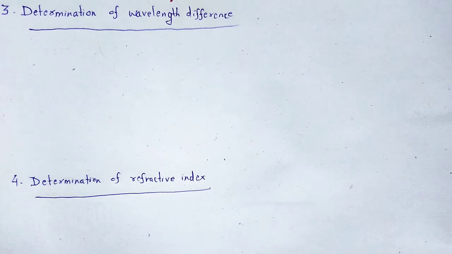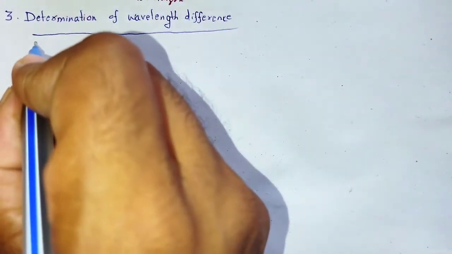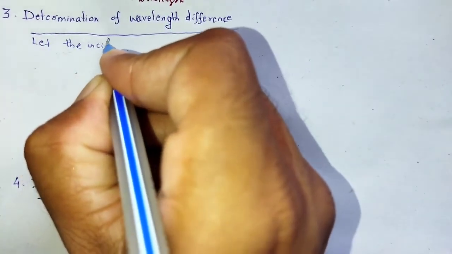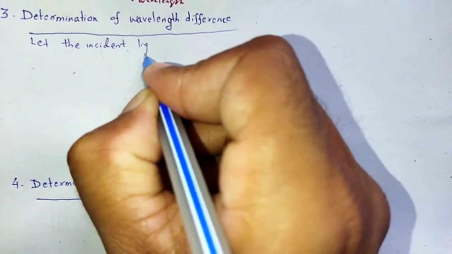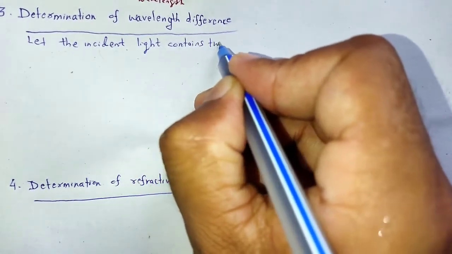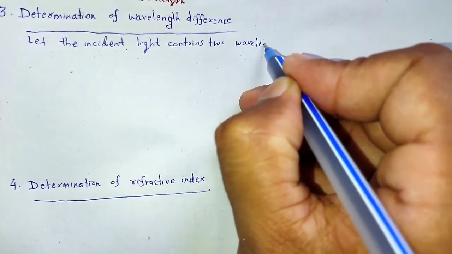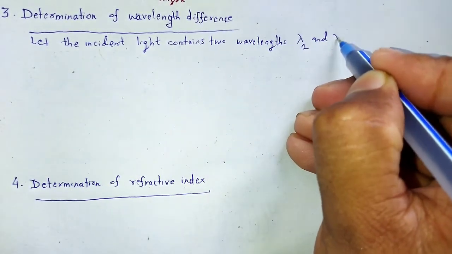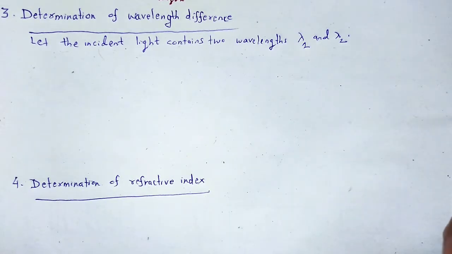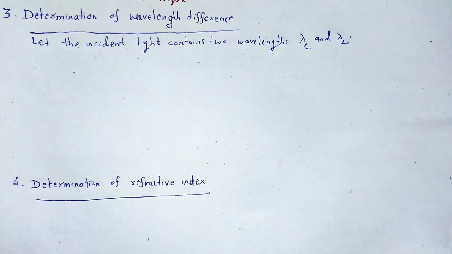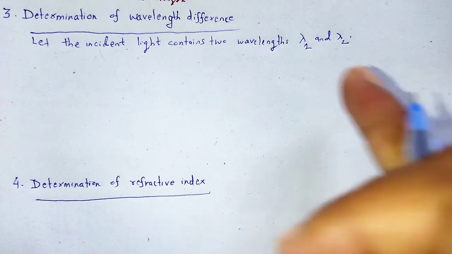So, suppose we take an incident light that contains two wavelengths, one lambda 1 and another one lambda 2, so that their difference is very small. So, we obtain a set of independent fringe patterns for lambda 1 and lambda 2.